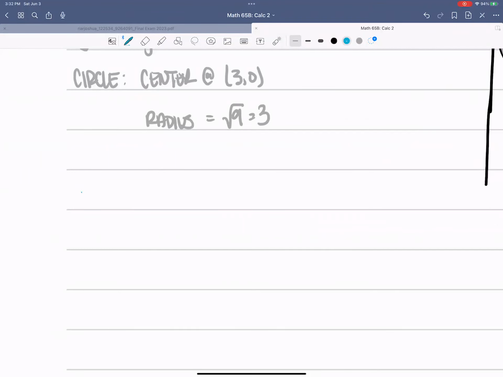So what we can solve this with is the area of a circle. The area of the circle is equal to pi r squared.